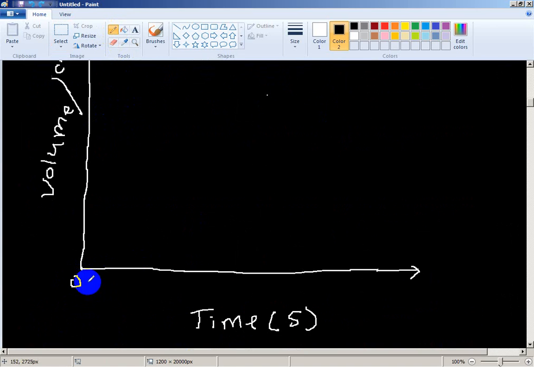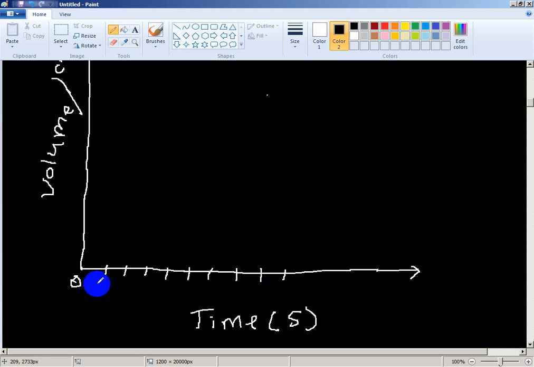Then this is 10, 20, 30, 40, 50, 60, 70, 80, and this is 90. You will draw these using the graph paper.